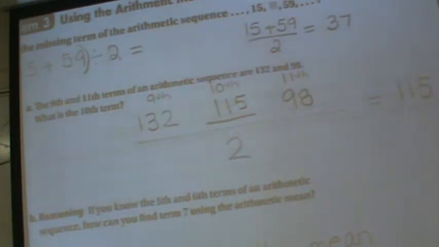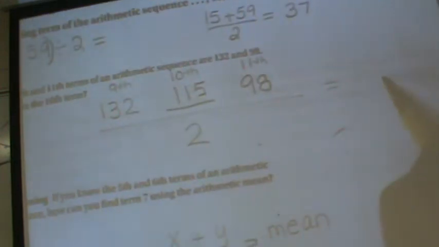Do you take the 115, that's your middle term, times it by the 2, and then subtract it? So if you're given the mean right here, this is kind of confusing. In this problem, you had to find that middle term.